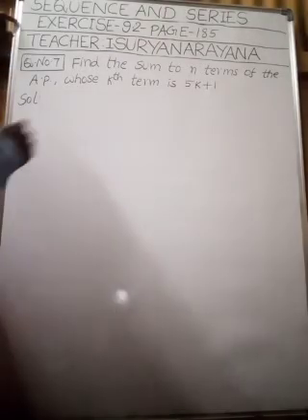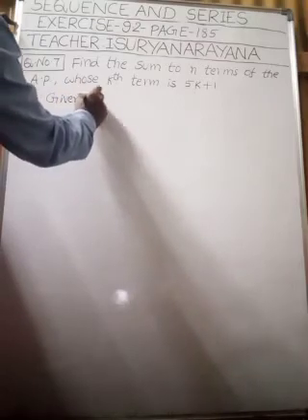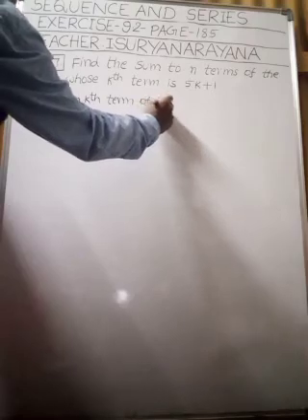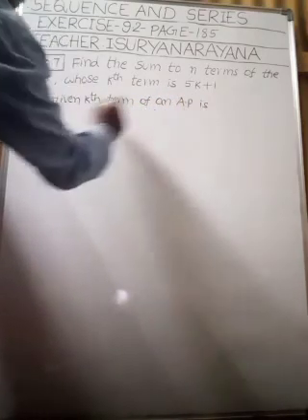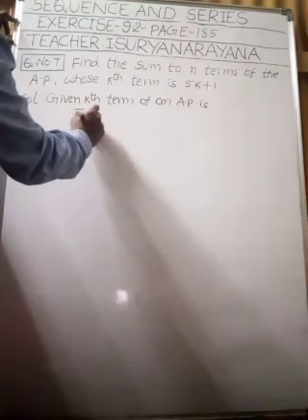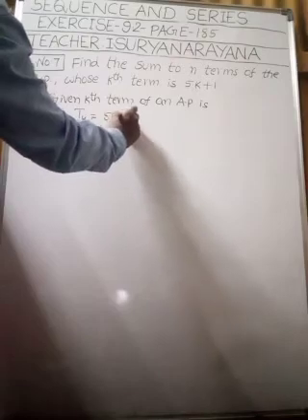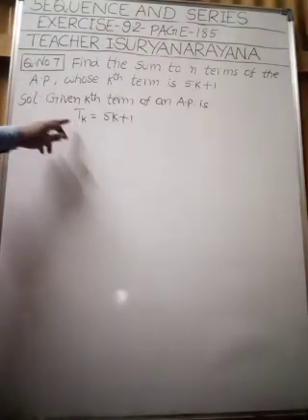Okay, my children. Right. Given kth term of an arithmetic progression is tk, 5k plus 1. This is the kth term. Notation of kth term.